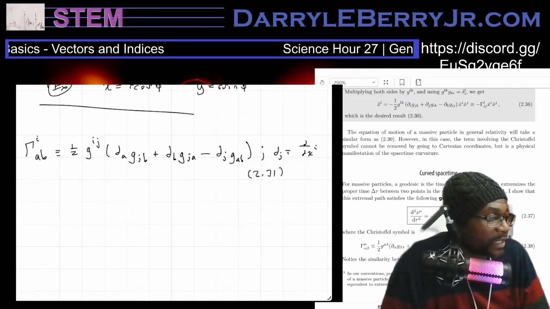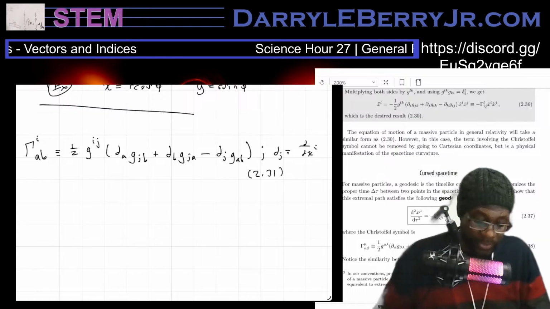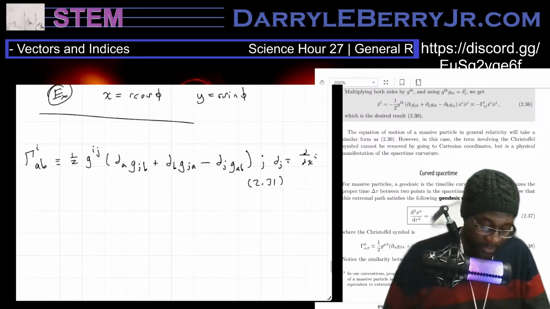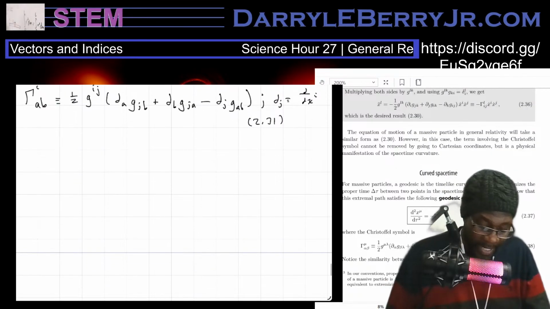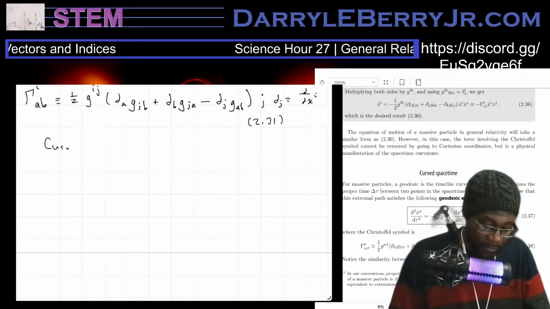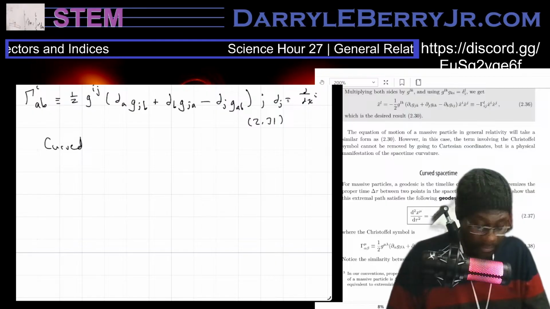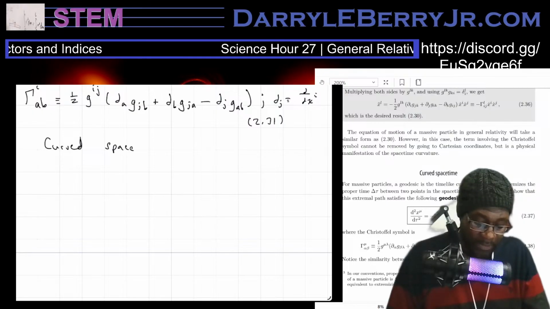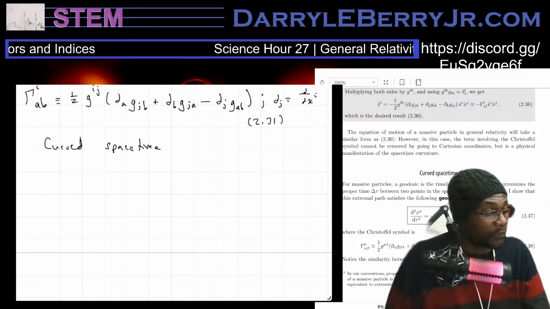In Appendix A, I show that this extremal path satisfies the following geodesic equation. So this geodesic is for massive particles, and by the way, a geodesic is basically the path a particle will take in curved space-time, which is why this section must be called curved space-time.